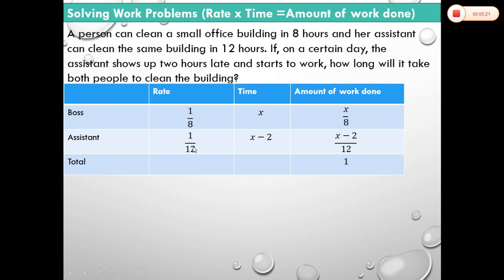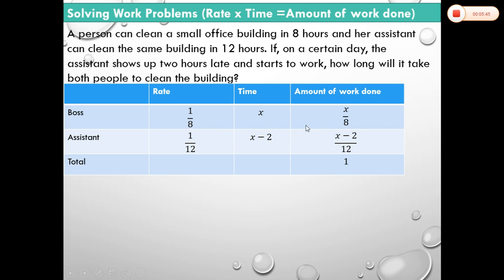The assistant can clean the office building in 12 hours, so the rate is 1/12. The time is x for the boss and x minus 2 for her assistant because her assistant shows up 2 hours late.